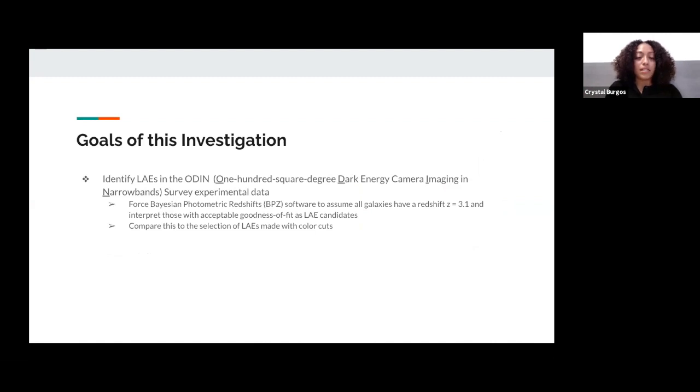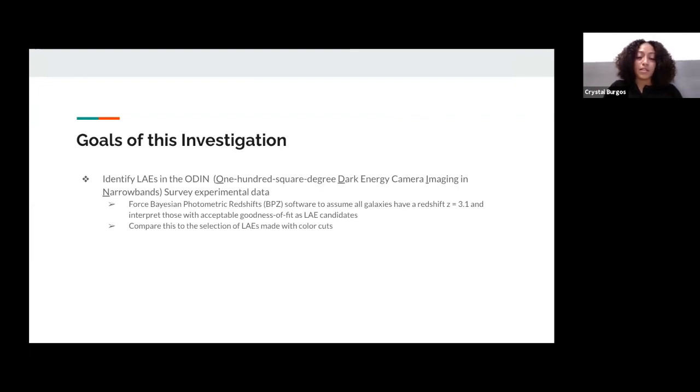In this investigation, I wanted to identify LAEs in the ODIN, or the One Hundred Square Degree Dark Energy Camera Imaging in Narrowband survey. To do this, we needed to have some steps laid out.